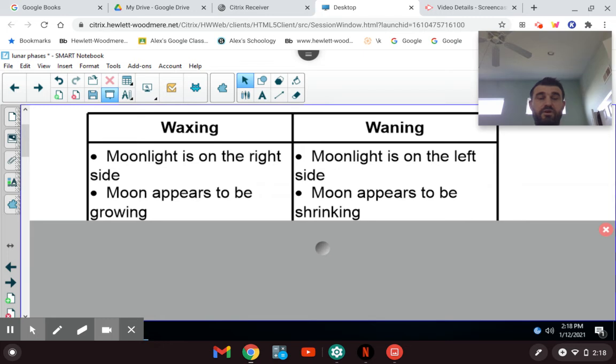So at one time, waxing meant growing, waning meant shrinking. You can always remember waxing because, like, if you wax a car, it's going to glow brighter. So it's literally as if the moon's getting waxed. And every night, it's going to glow brighter, just like if you wax the car.